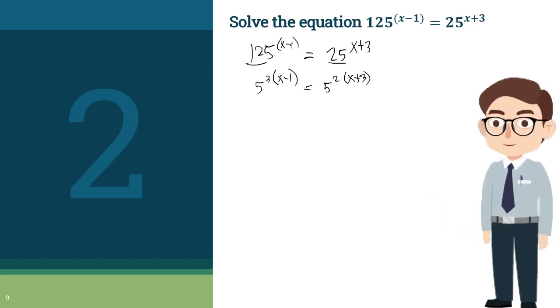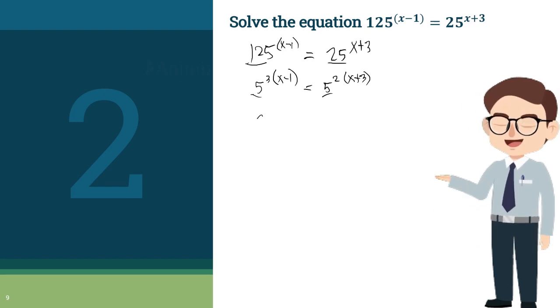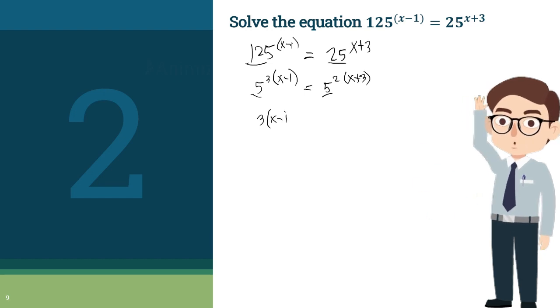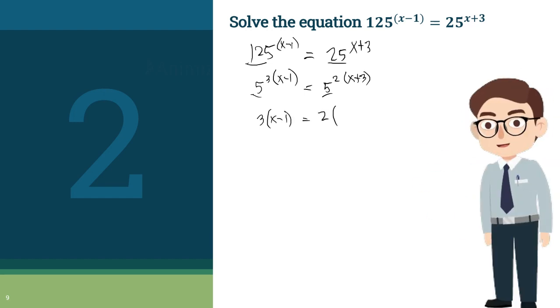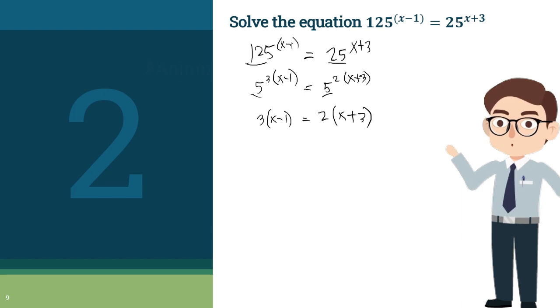As you notice, we have the same bases, so we will now focus on our exponent, that is 3 multiplied to x minus 1 is equal to 2 multiplied to x plus 3.